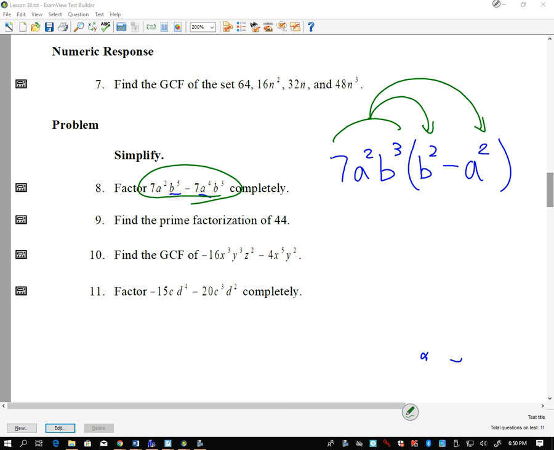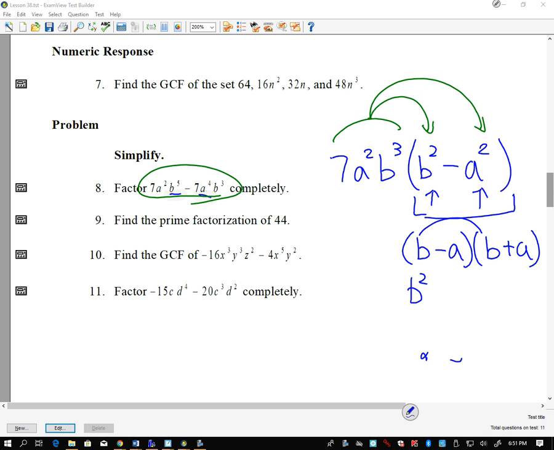Actually, we can take this a step further before we move on. This can be factored down again. Because both of these are perfect squares and we see subtraction, what we have is what we call a sum difference. So we have b minus a times b plus a. Just so you see how that works, b times b is b squared. We're going to FOIL here.